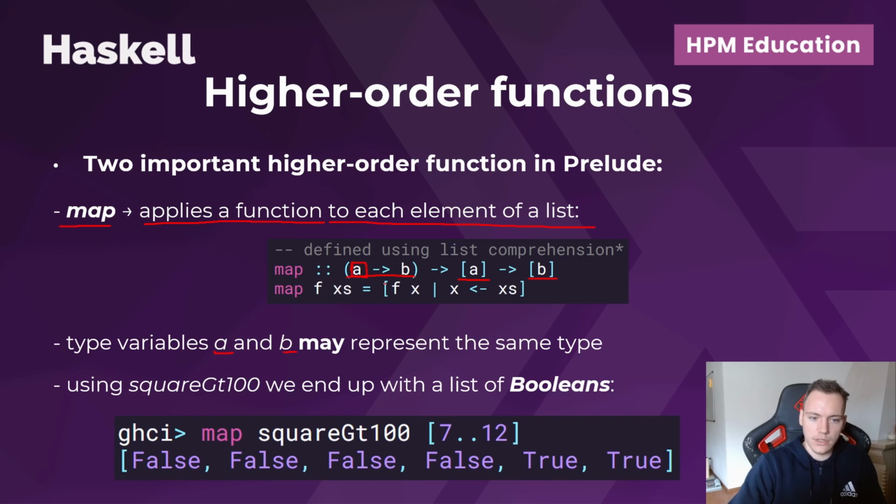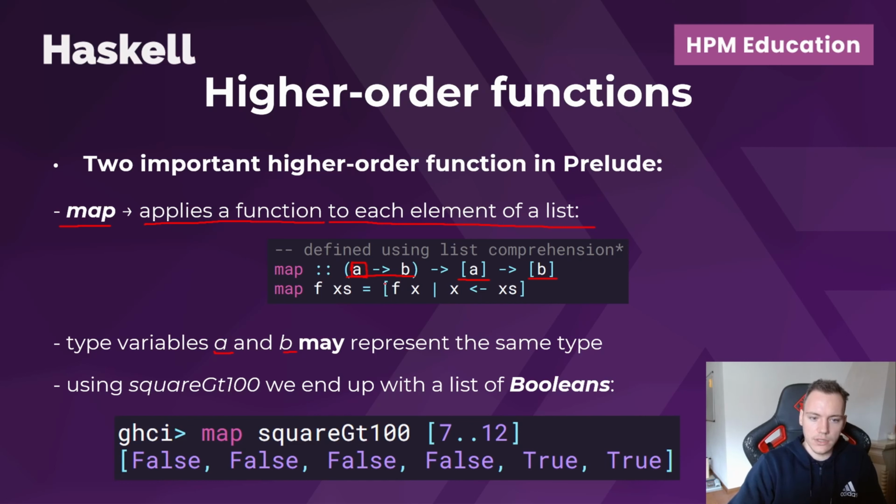So if we take an example with our squareGT100 from last time, the function we defined in the last video, we end up with a list of booleans, right? Because this function returns a boolean, either it's greater than or it's not.